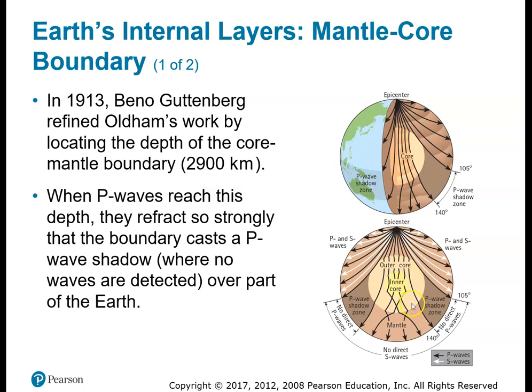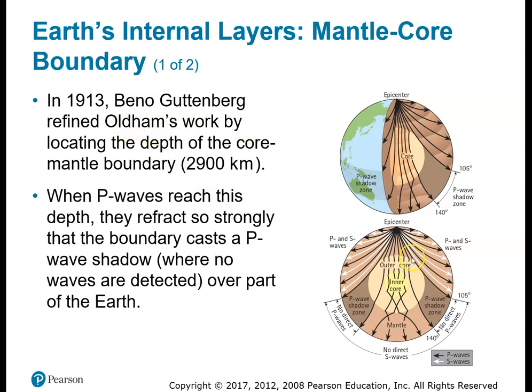So this is the liquid core right here. The black lines are the P waves. Notice the S waves never go through the core part, right? Remember, that's the thing this guy Oldham discovered.